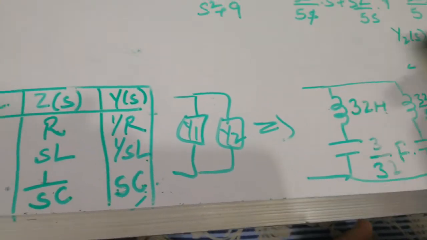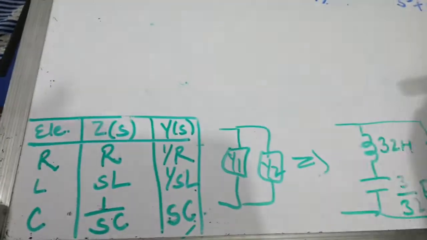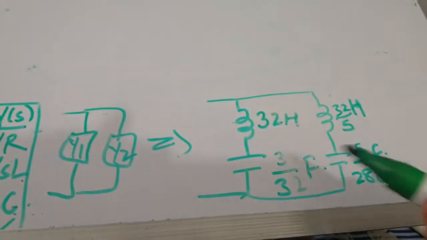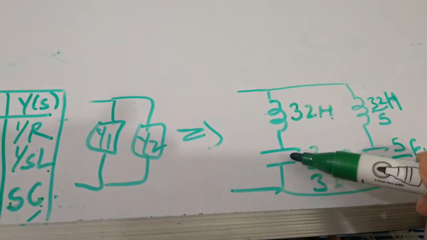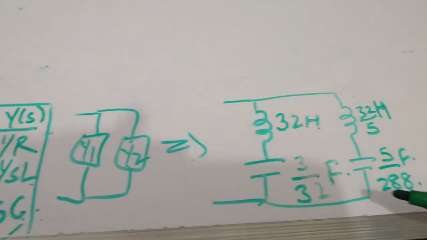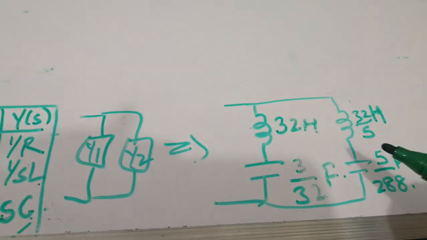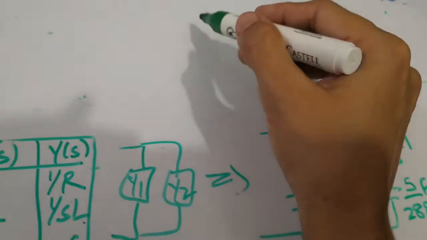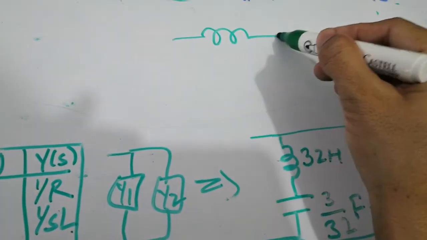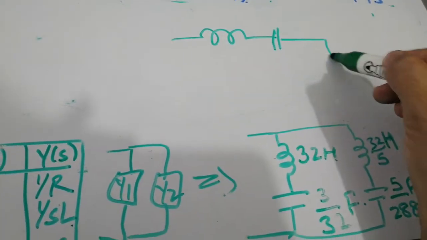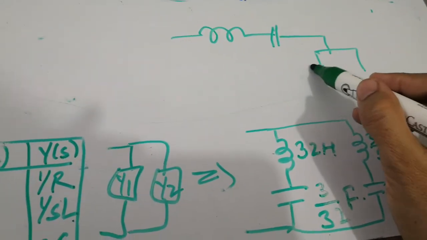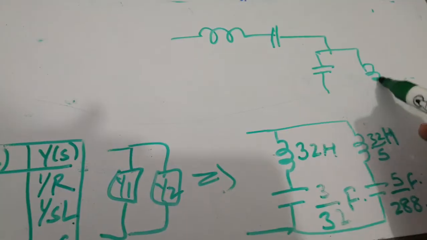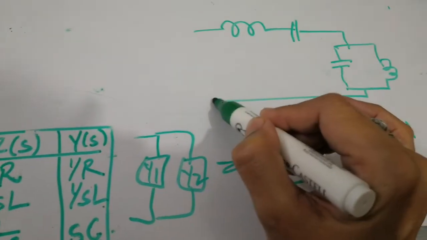So now if you just check it out, this was your Foster 2 form. That is the complete all parallels. Your single parallel branch can be a combination of two series components, and if you check out with your previous, that was your Foster 1 form, that was equal to your 4, then 1 by 9, and this one, but all in series, but both with L and C components.